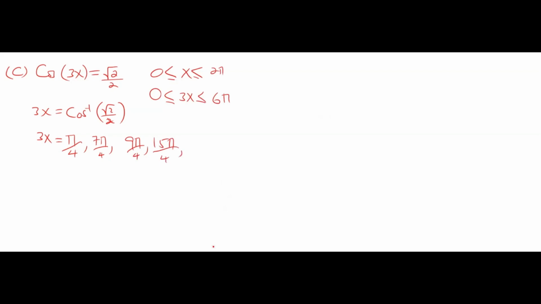And now after that, we need to add 2 pi to 9 pi over 4. Well, that gives me 17, because 2 times 4 is 8 plus 9, 17.